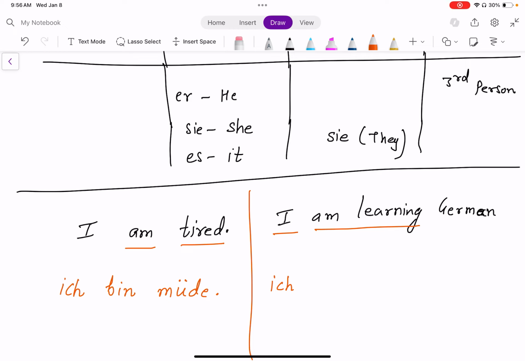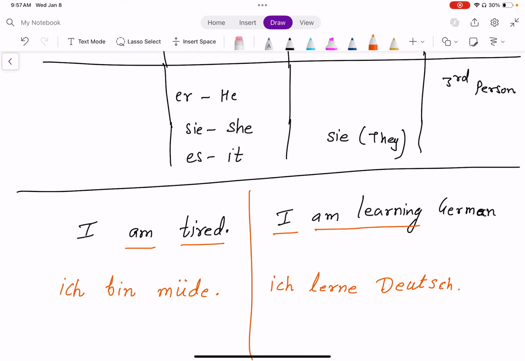Just understand the context here. As of now, we will use this verb lernen. Ich lerne Deutsch. Ich lerne Deutsch.